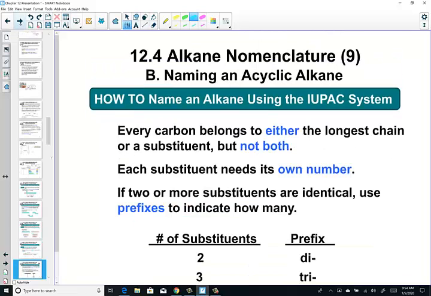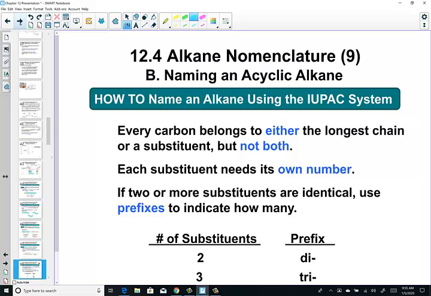Remember that every carbon belongs to either the backbone chain, the longest chain I'm calling the backbone, or it belongs to a substituent, but it never belongs to both. Every substituent needs its own number, and I don't care if it's the identical number as something you've used already. It has to have its own number.